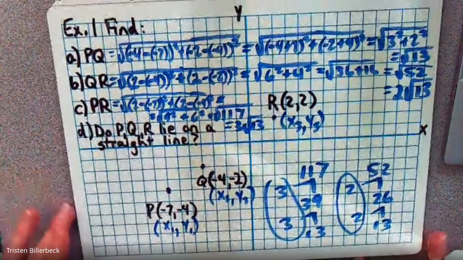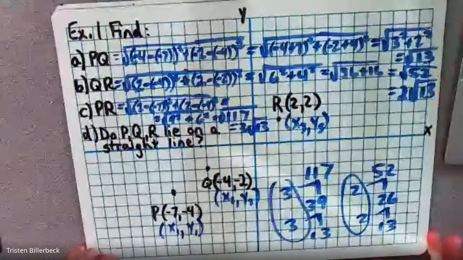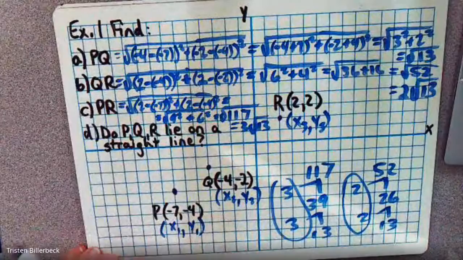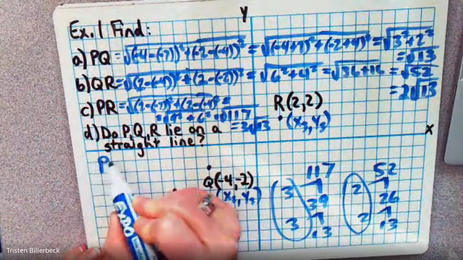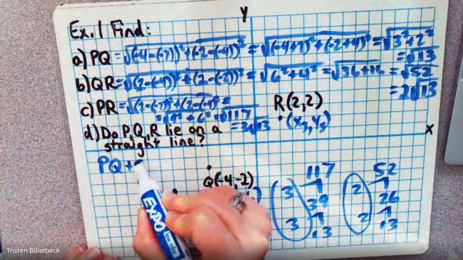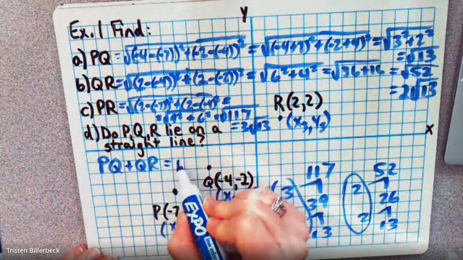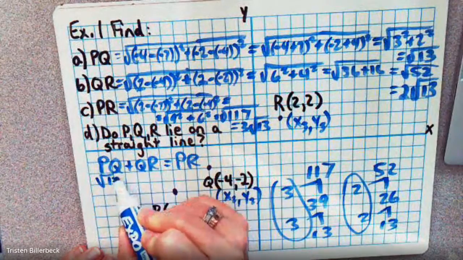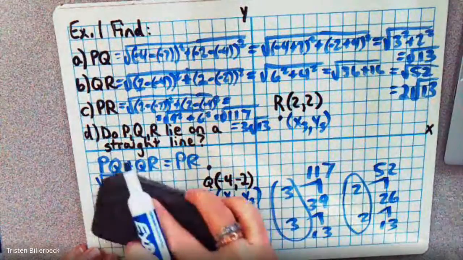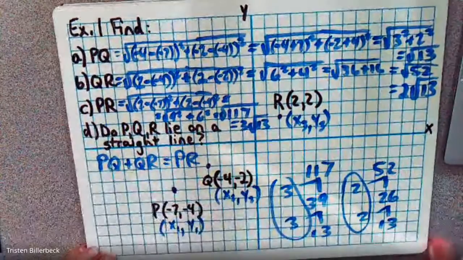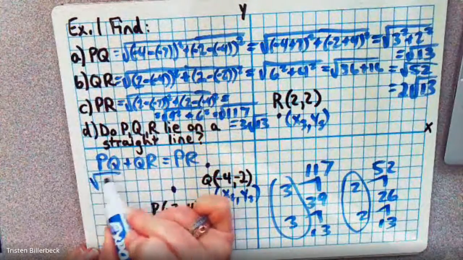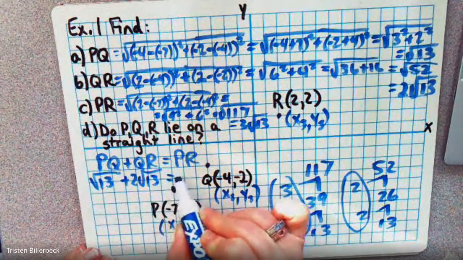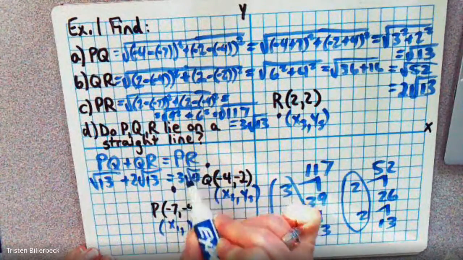Okay, so it says, are all these on the same line? Well, if they are, then I should be able to add PQ, the distance PQ, plus QR, and that should equal PR. So I have radical 13 plus 2 radical 13 equals 3 radical 13.